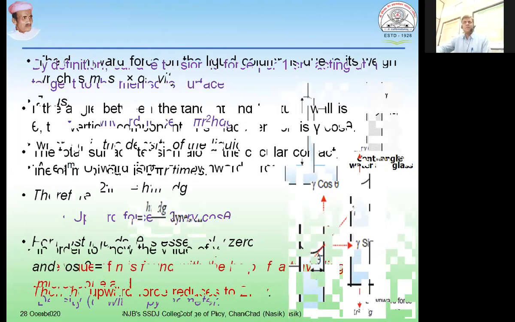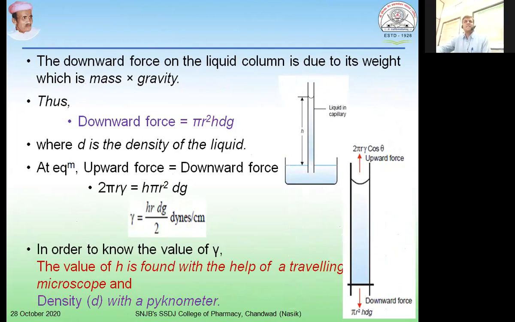It is due to the weight of the liquid column which has risen into the capillary tube. Here in the first diagram, you are finding that the liquid column has risen up into the capillary tube and made a column of height h from the surface of the liquid.